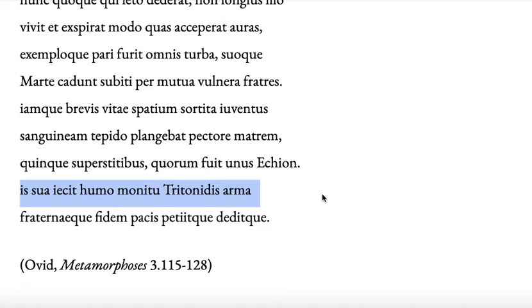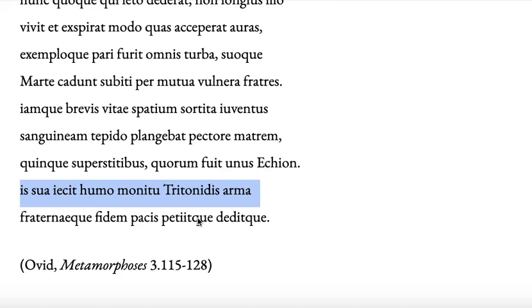And she's sometimes called Tritonis because in some versions of the myth, she was born at a place called Lake Tritonis in Libya. Okay, so Tritonis is a reference to Athena, or in Roman terms, Minerva. So he threw his weapons, arma, to the ground, humo, at the warning of Tritonis, monitu Tritonidis.